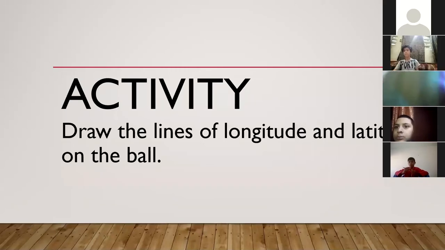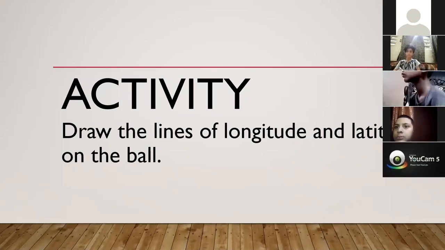When you are done with this circle, I can see it. Yes, yes, they have equal distance, and they are not touching each other because they are parallel. Okay, because we are talking about the parallels. Now do one thing.